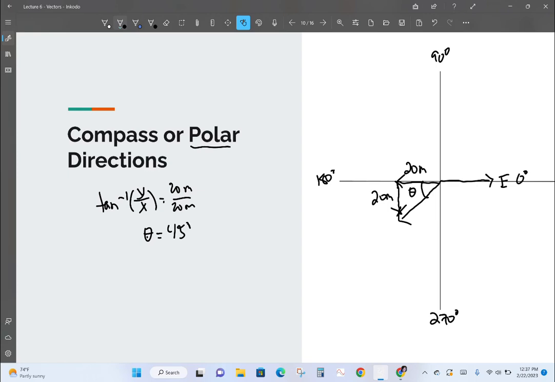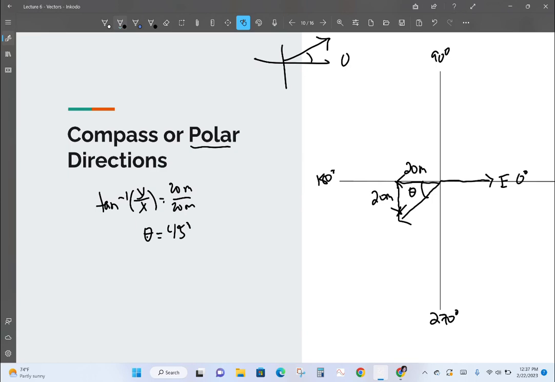Now, if I said the heading was 45 degrees in polar language, then what would happen would be measured from 0, 45 degrees would be in this direction. And that is not the direction that that is traveling in, right?